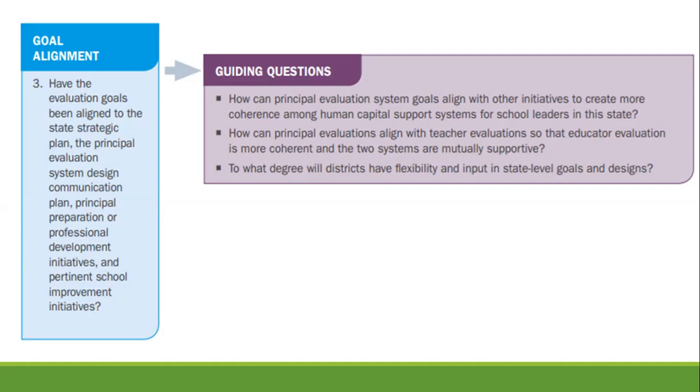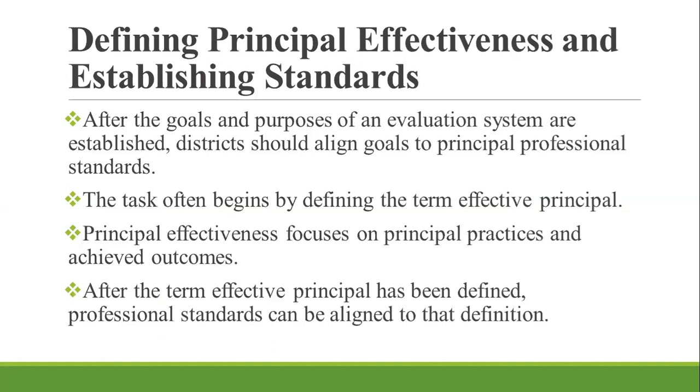Alignment of goals is available to the strategic plan, to the system design communication plan, to the professional development initiatives, and school improvement initiatives. Otherwise, there is no goal alignment with all these four activities.